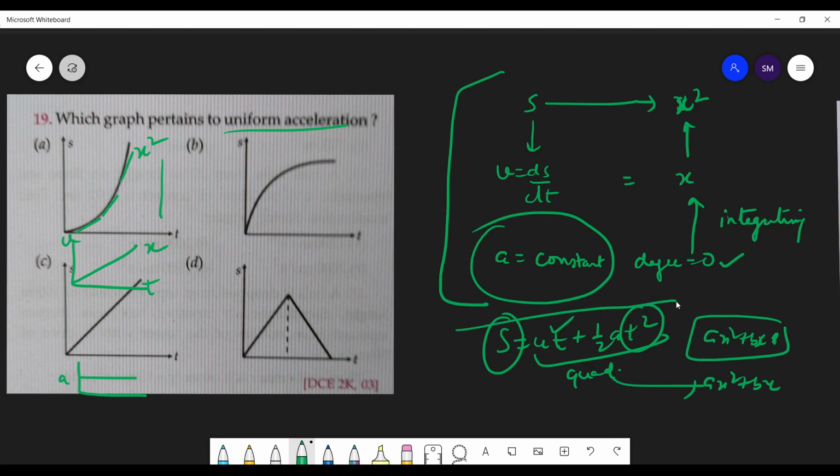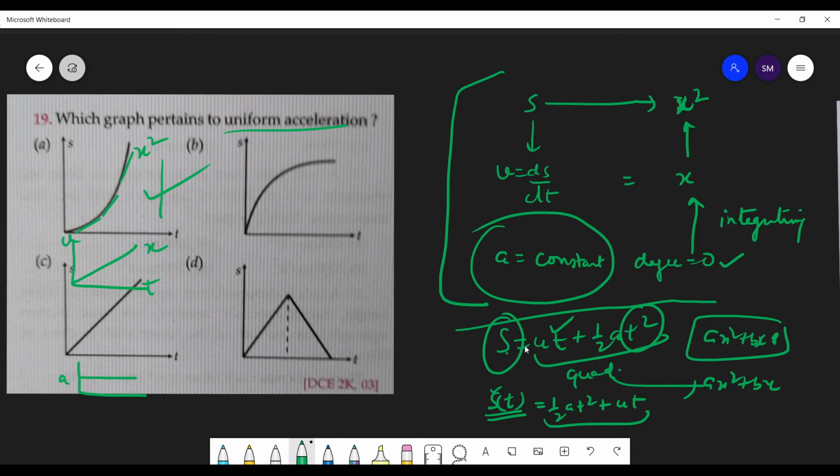And here by these equations also you can directly tell that s is a function of t, and s is equals to half at square plus ut. So that's a quadratic equation. So the graph between s and t will be parabola. Is this okay students?